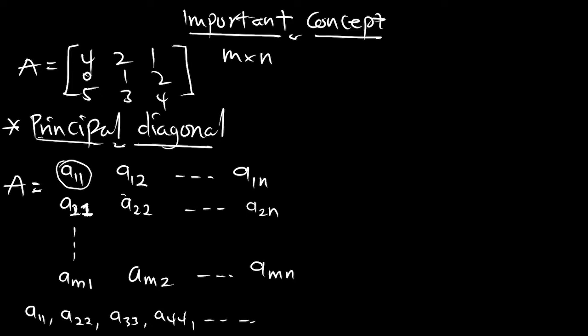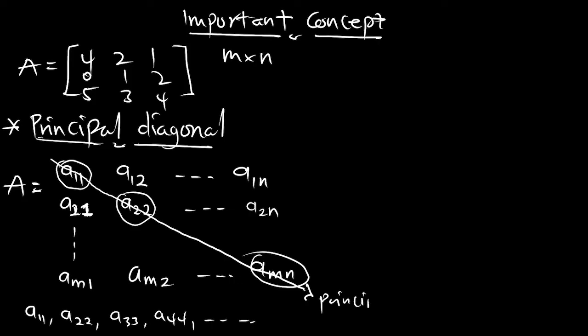A22 is the second point, up to the last point. So looking at this, this line becomes the diagonal line for the matrix. So this is the principal diagonal. All the elements falling on this line are going to be the numbers for any analysis.